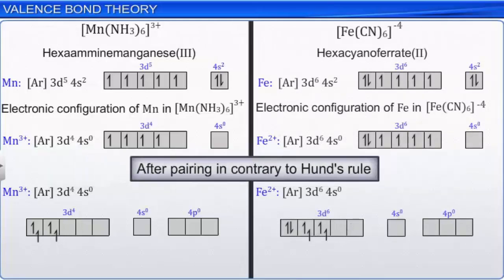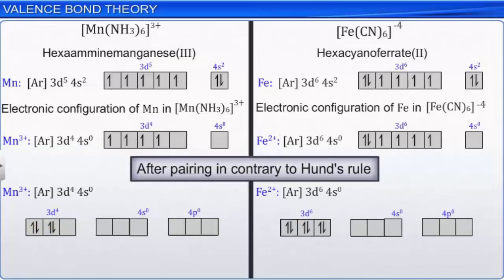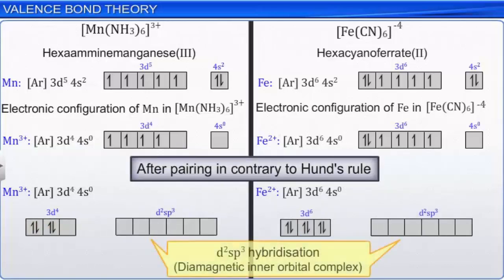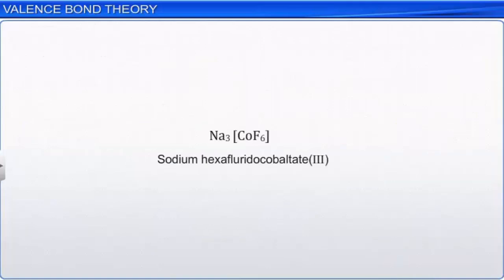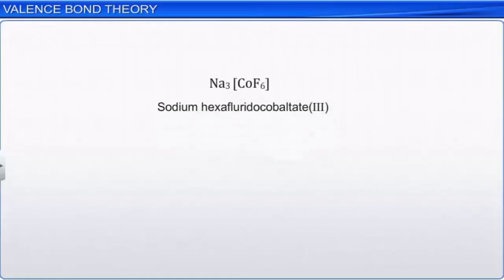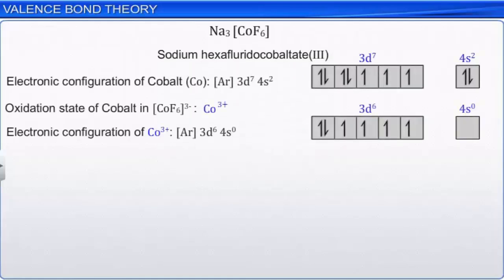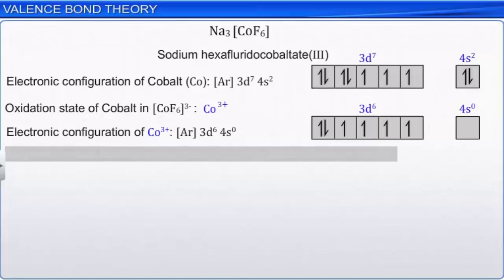Now let us examine a paramagnetic complex, sodium hexafluoridocobaltate(III). In this complex also, cobalt is in +3 oxidation state. Magnetic studies indicate the paramagnetic nature of the complex. This is possible only when the outer 4s, 4p and 4d orbitals undergo hybridization.